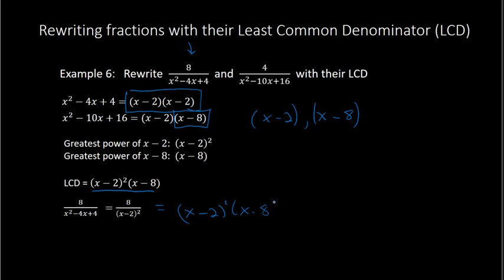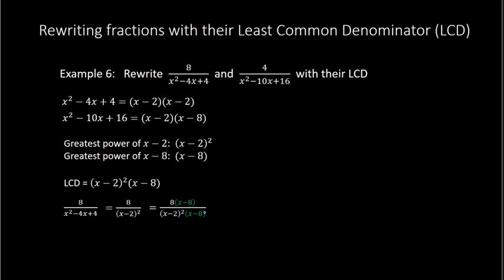So what is changing from the original fraction to the new fraction is the x minus 8. So I'm multiplying the bottom by x minus 8, which means I need to multiply the top by x minus 8 as well. So my new fraction would be 8 times x minus 8 over x minus 2 squared times x minus 8. And that is what I see typed up right here.